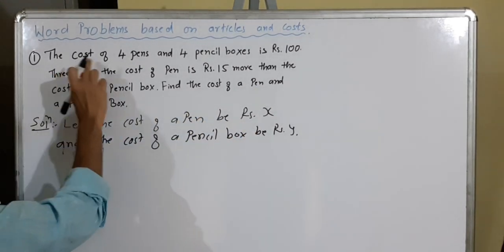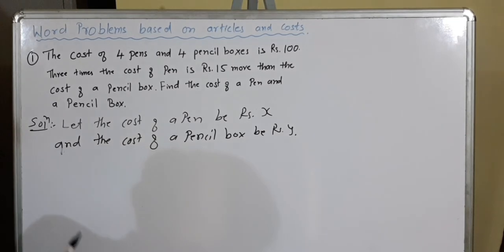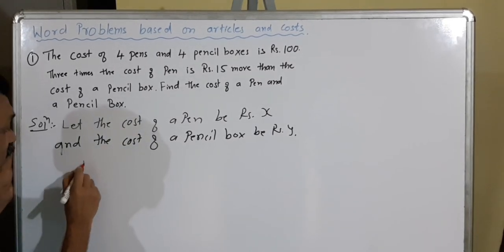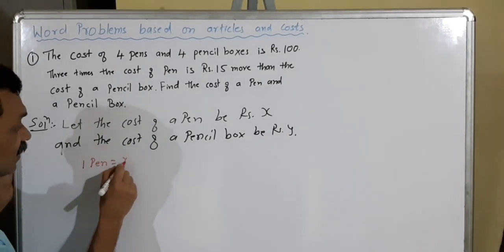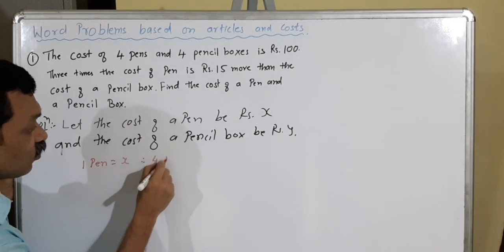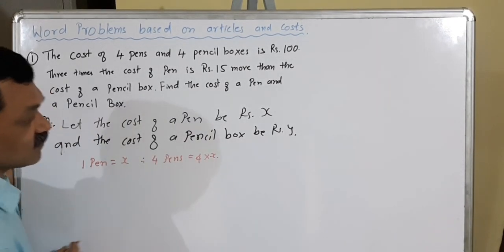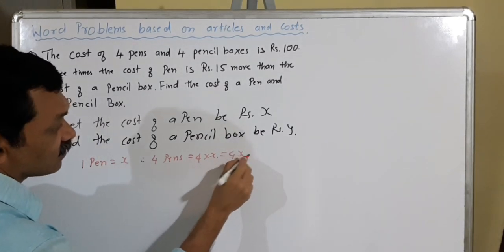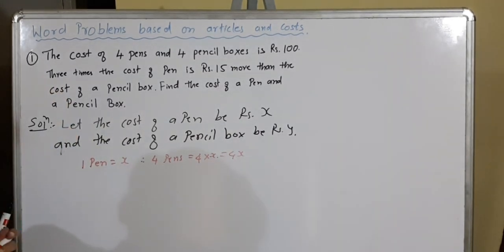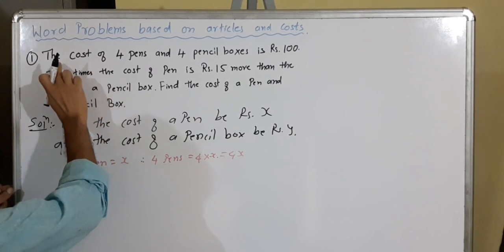Now it is given the cost of 4 pens. The cost of one pen is equal to X. Therefore the cost of 4 pens will be 4 times X, which is 4X. Now what is given? Condition 1.